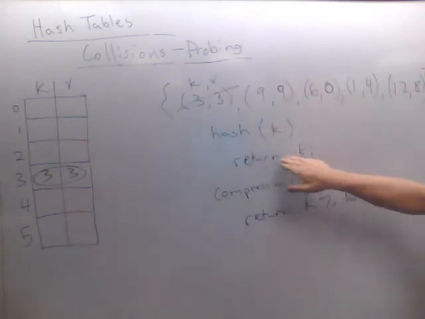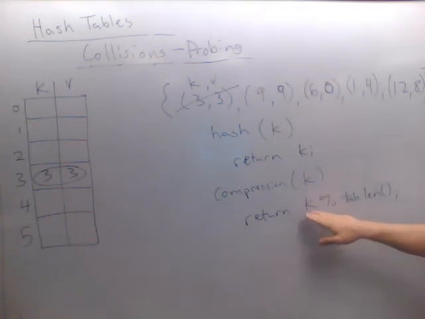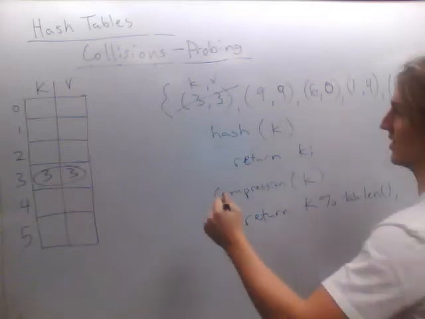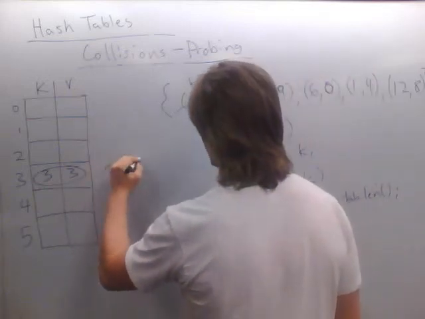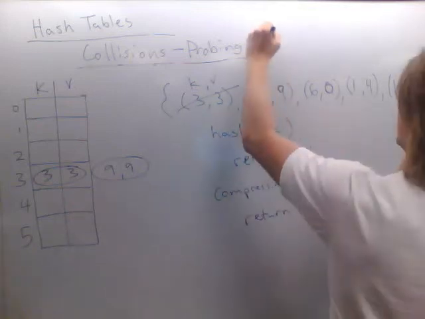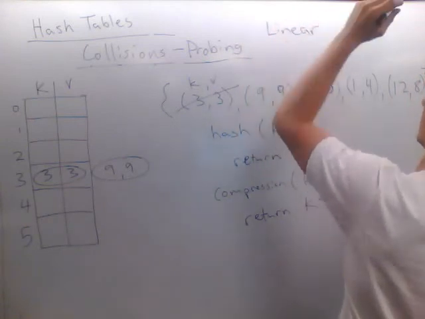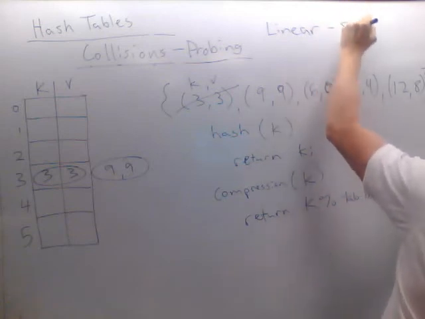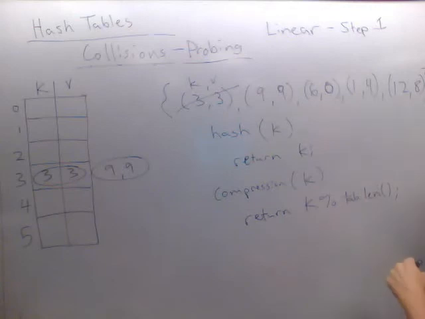So 9 returns 9. And now, what's the compression function of 9? What's 9 mod 6? 9 mod 6 is going to be 3 as well. So I want to add this into that index in the table. However, there's already something there. So using linear probing, we take one step and check again.